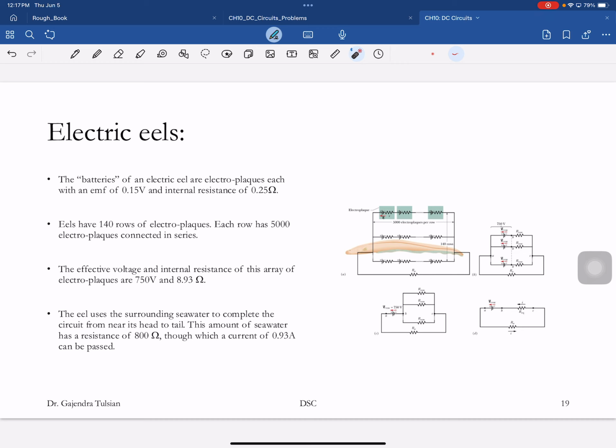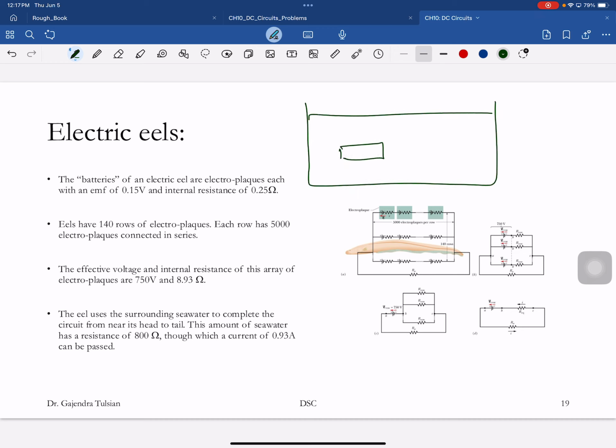So here's an interesting problem. Here's an electric eel, and you might know this.